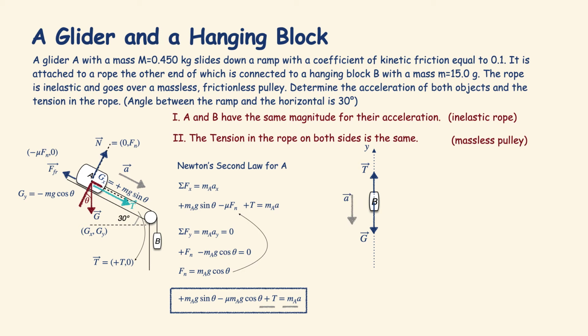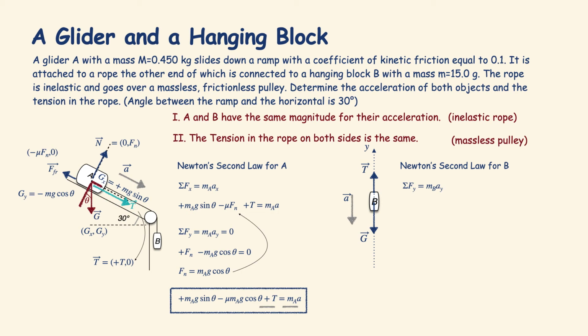Look at the original diagram. If the glider A is sliding down and to the right, we know that the hanging block B will be simply falling downwards with an acceleration a, a vector pointing directly downwards. So Newton's second law for the block B is going to give me a very simple equation, only for the y components.